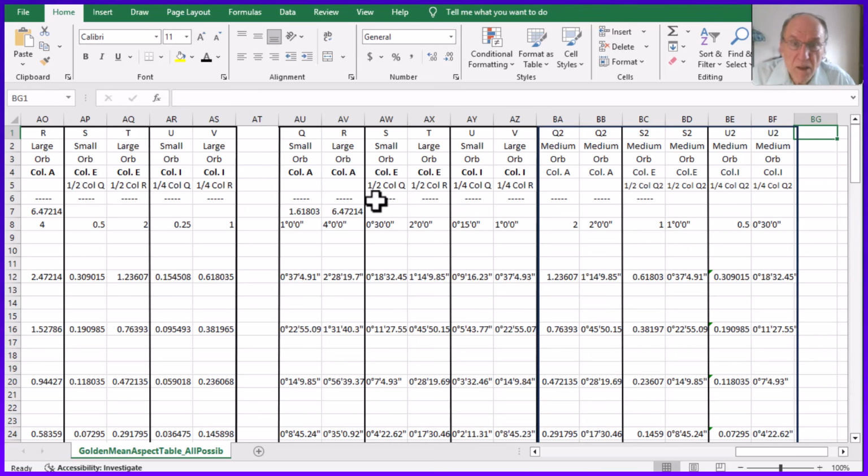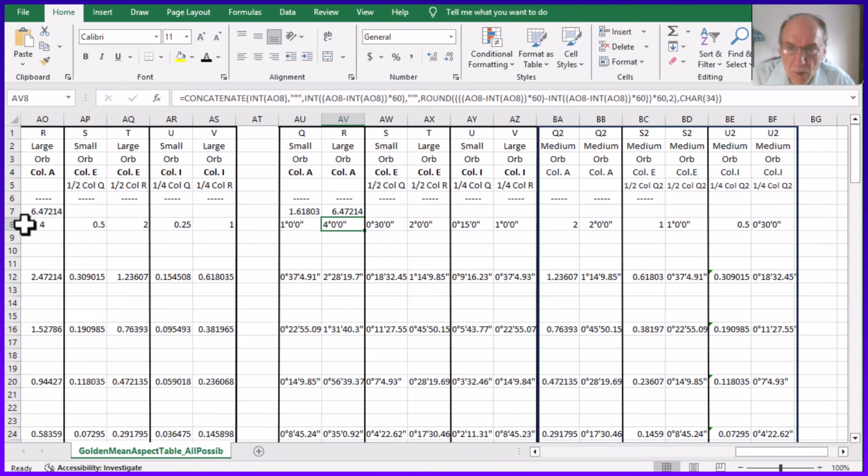With the large orb, this row here, row 8, you can't tell because it's off the screen on the left, but this is the golden angle, 137.5. And for the large orbs, I set it to 4 degrees. So a 4-degree orb for the golden angle.